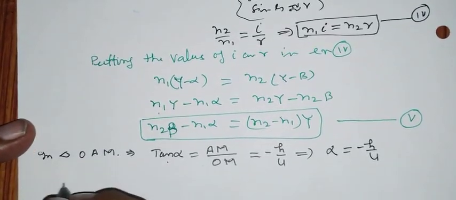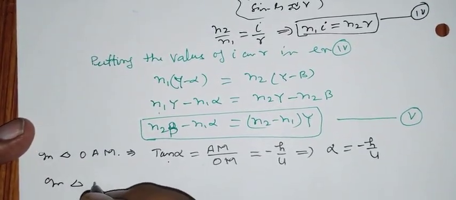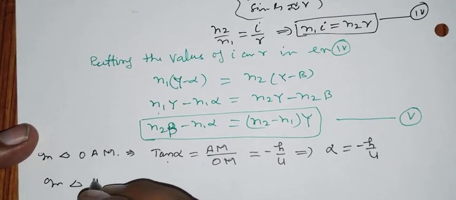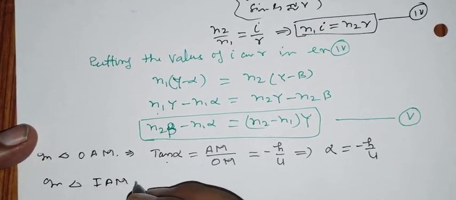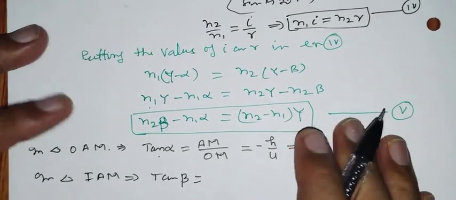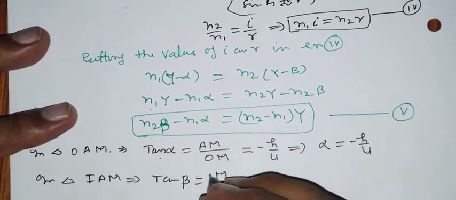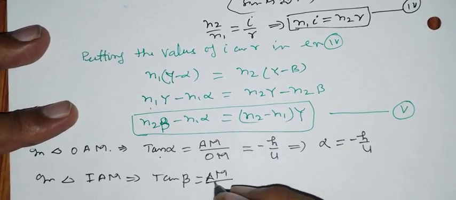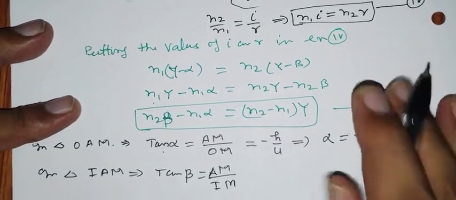Similarly, to obtain beta, we will go to triangle IAM. Tan beta is equal to AM by IM.